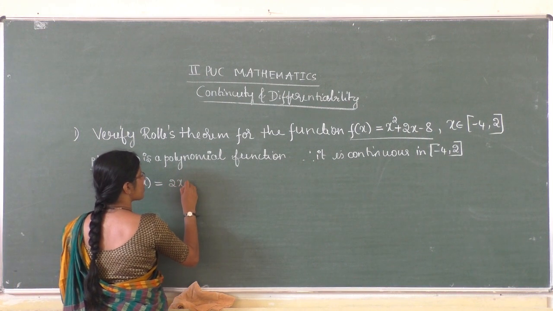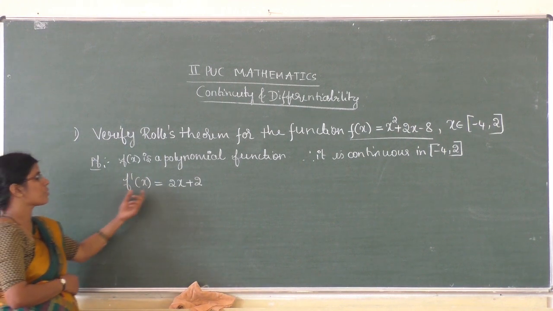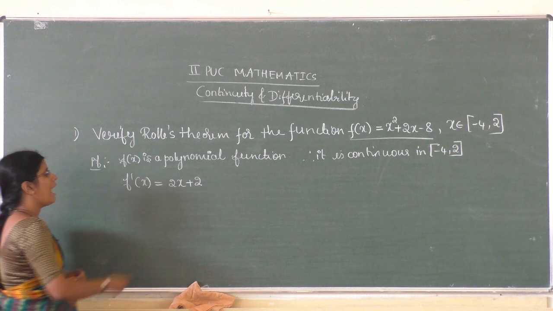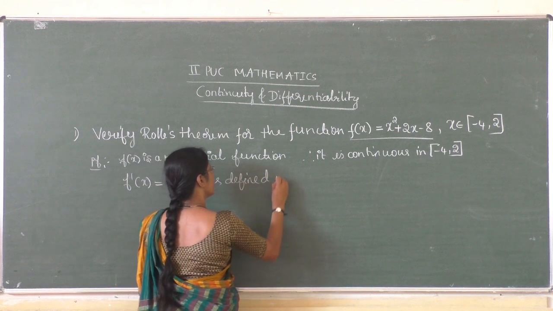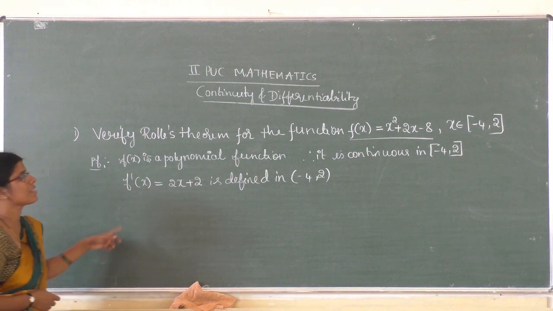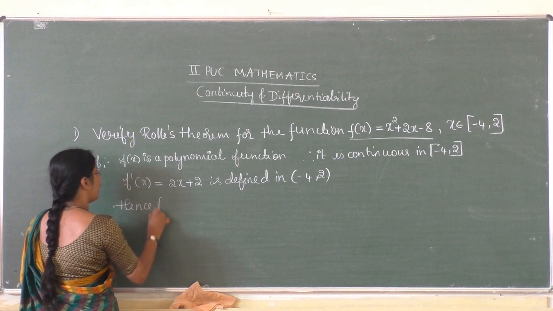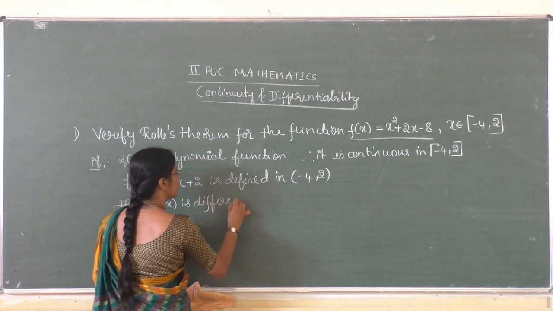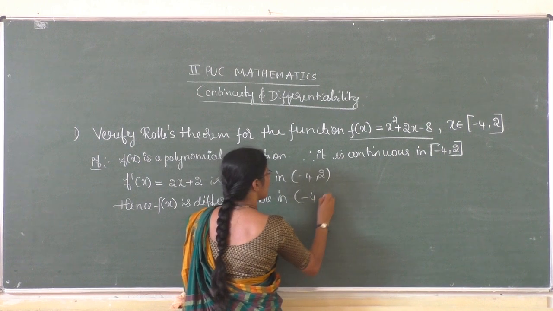Derivative of x square is 2x, plus 2x we have, so its derivative is 2, which is defined in the open interval minus 4 comma 2 because it's a linear function. Hence f of x is differentiable in minus 4 comma 2.